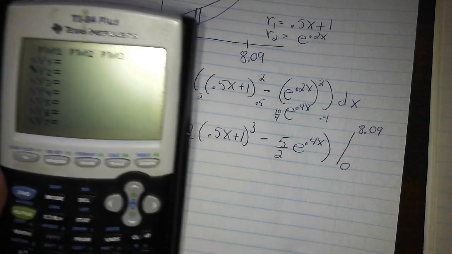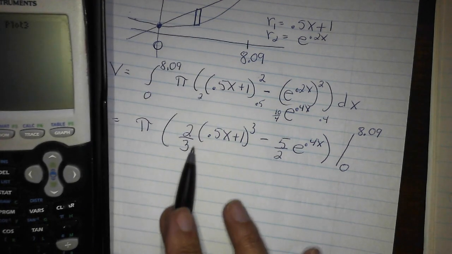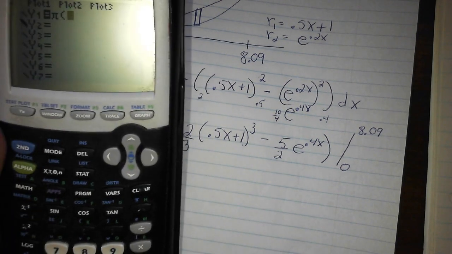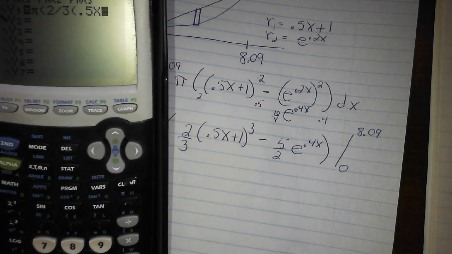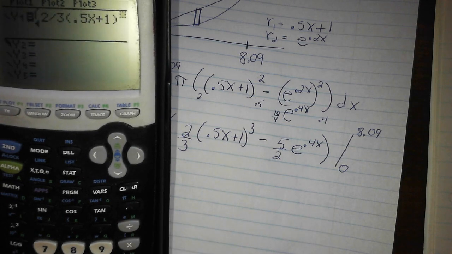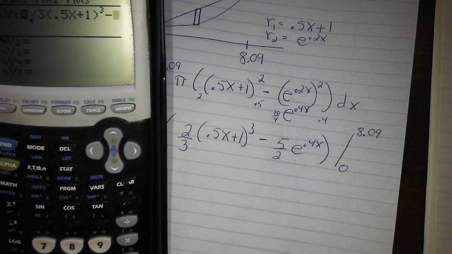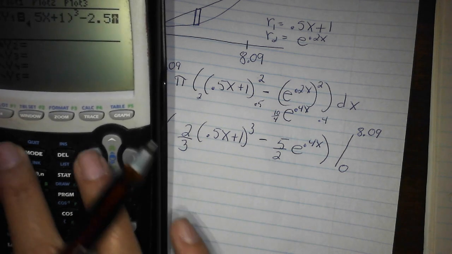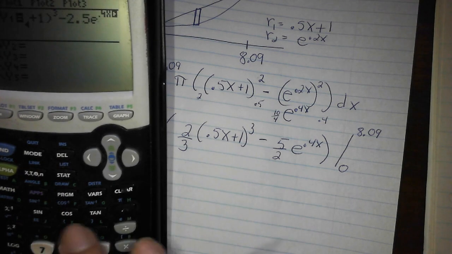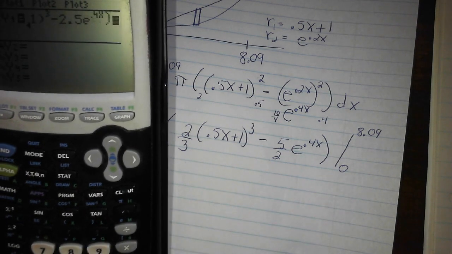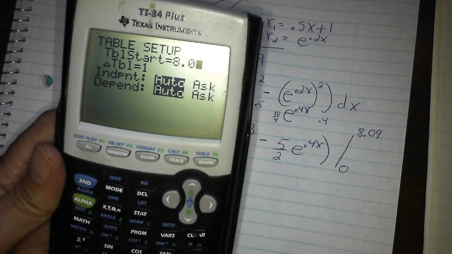Okay, I've got pi, parenthesis, and 2/3, parenthesis, 0.5x plus 1 cubed, minus, I'll go 2.5 e raised to the 0.4x, parenthesis, and then I'm ready. Table set, 8.09.